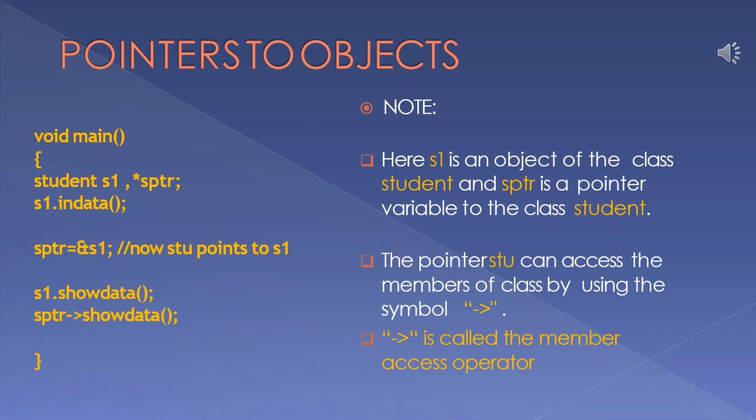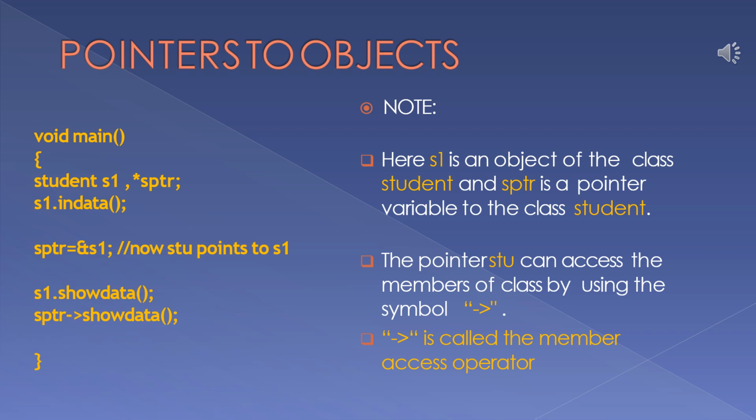Now in the main program, we have declared object S1 of class student, and you have declared SPTR, a pointer that points to the object student. So using S1, how do you access it? S1 dot in data.